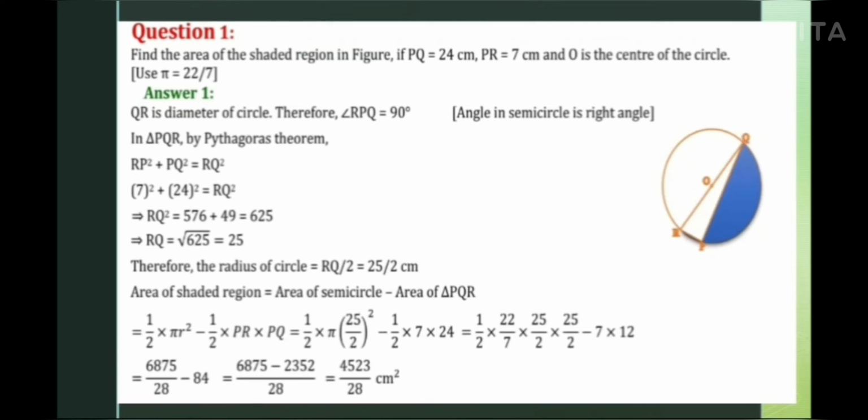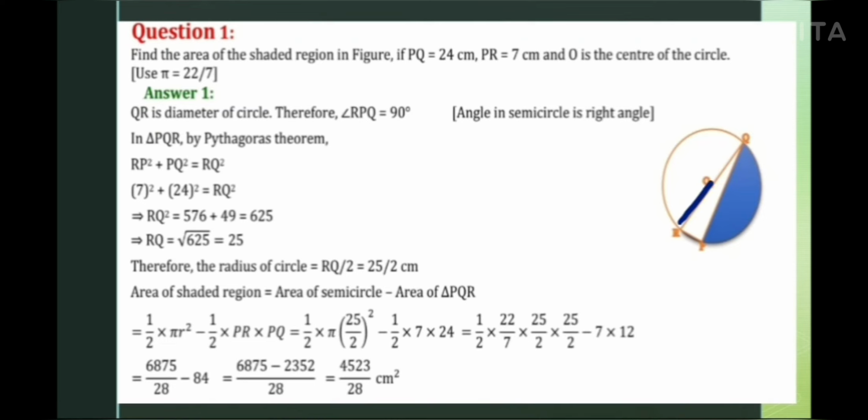So this angle will be 180 by 2, which is 90 degree. You can easily say that the angle in a semicircle is a right angle.